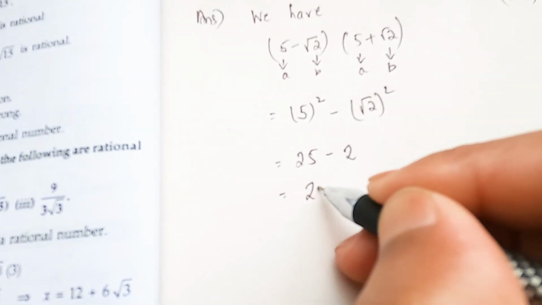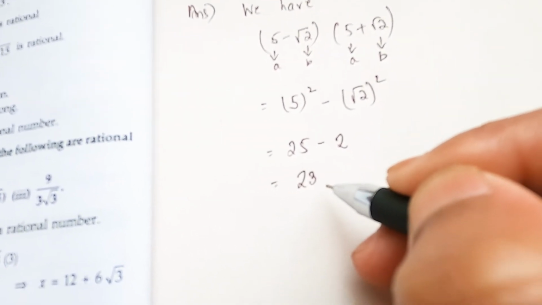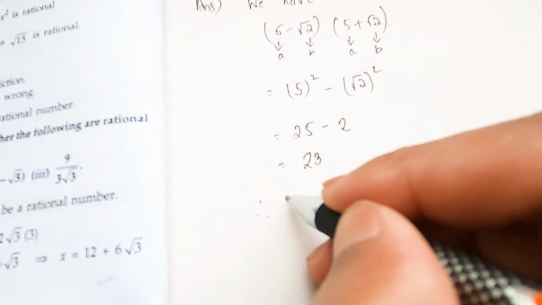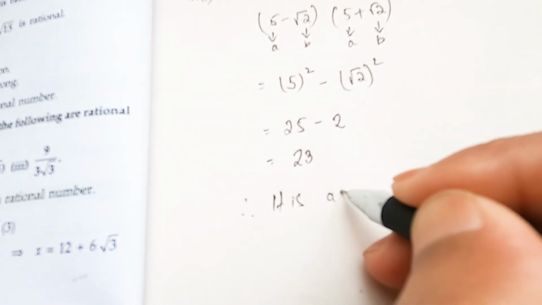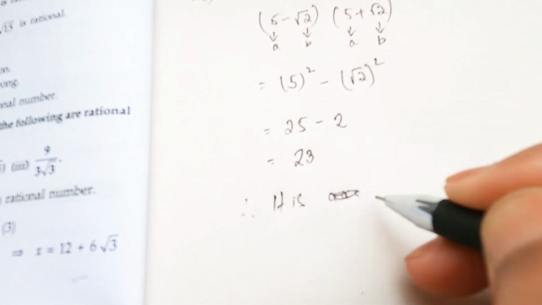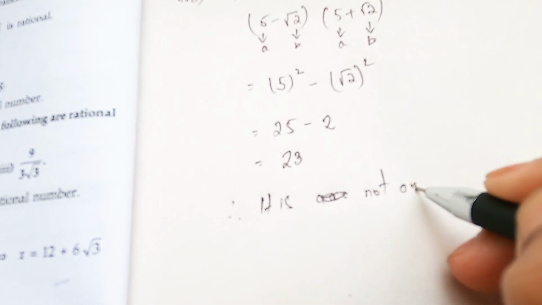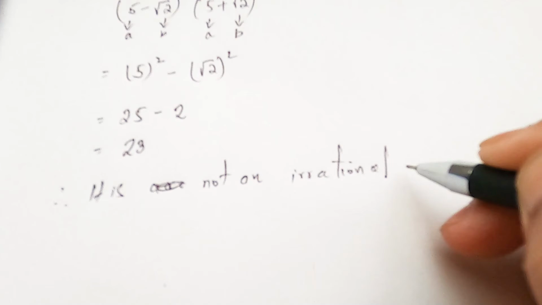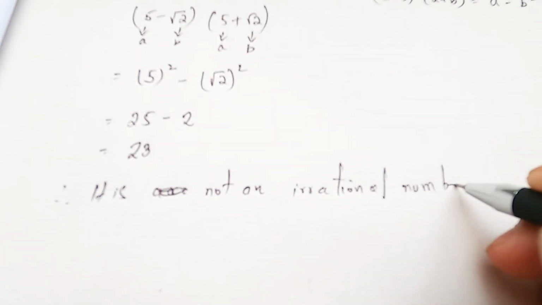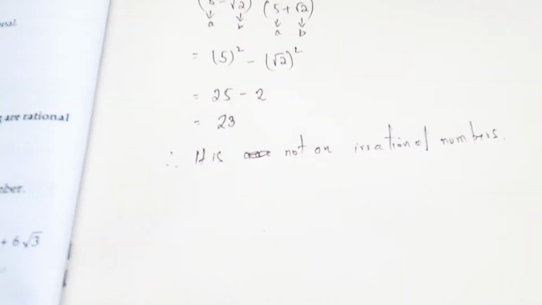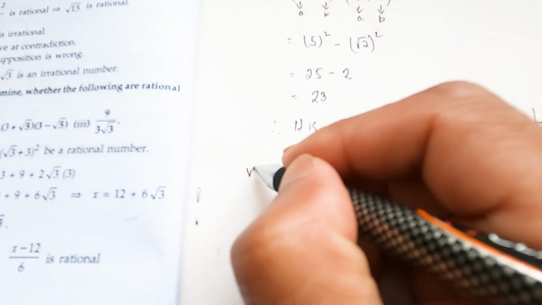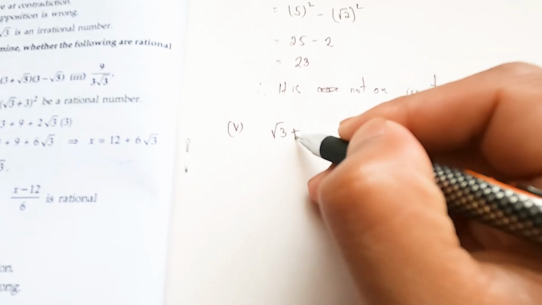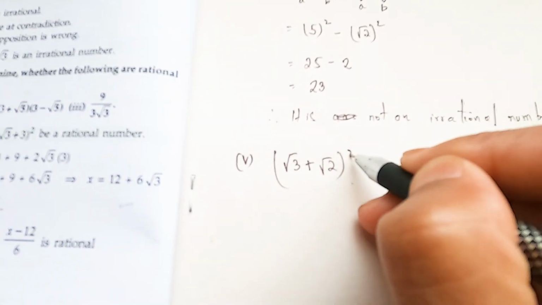So in this case it will be 23, which is a rational number. So therefore you will write here, therefore it is not an irrational number.